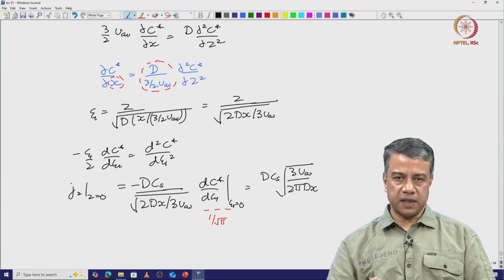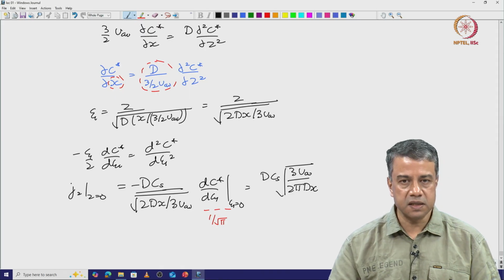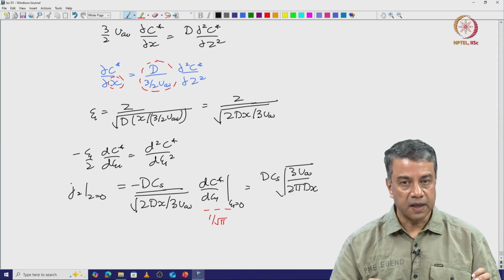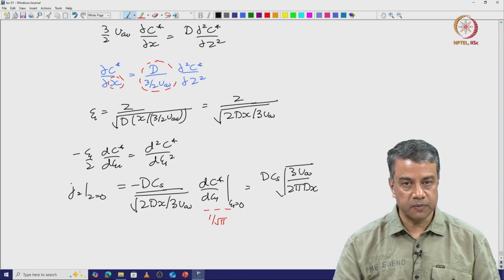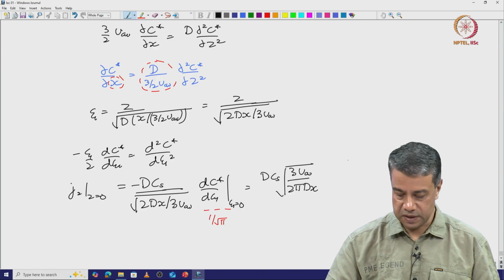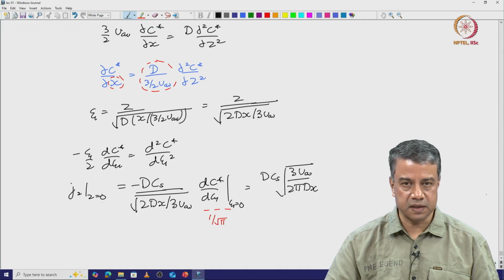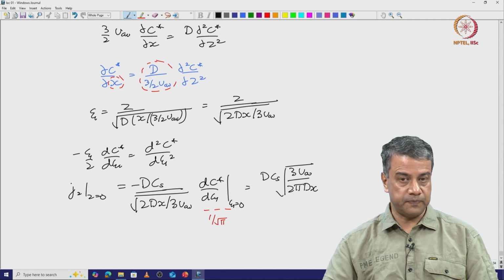So, just by analogy, the only thing you do is interchange time with x distance divided by the maximum velocity. Maximum velocity is 3 by 2 times the mean velocity, average velocity. So, just by analogy you get the expression for the flux in this case. So, this is a spatially varying problem.